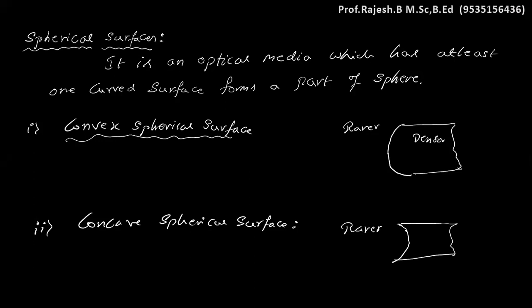Here is the denser medium. So these kinds of surfaces are called concave spherical surfaces, which are imagined to be part of a sphere. So here also we can identify radius of curvature, center of curvature, pole, focus, everything. I'll explain those things now.